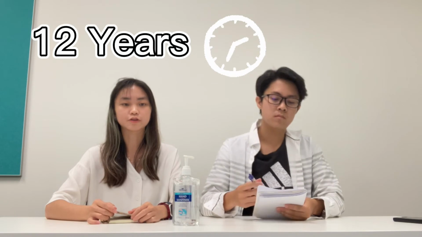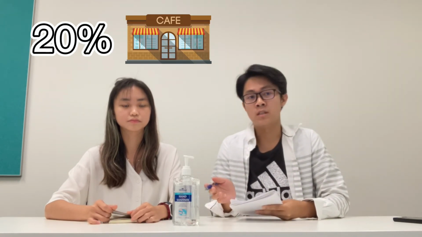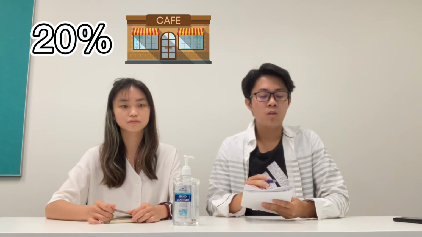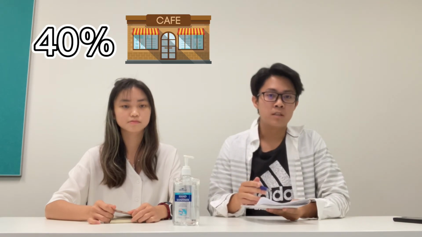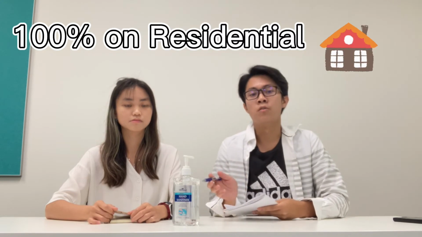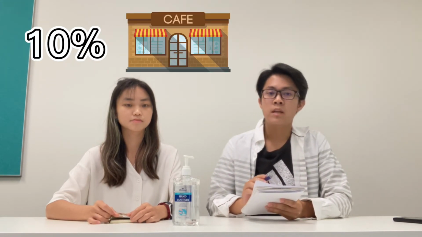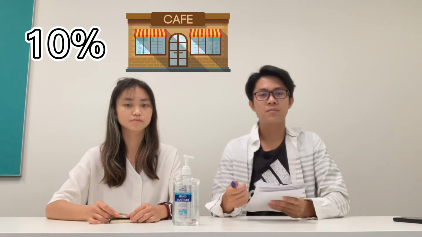So just to let you know that we have owned the house for 12 years. Yeah, for the first 3 years, 20% of our house is used for business purpose, and then for the following 2 years, only 40% was used. For another 2 years, it was used only for residence purpose. For the last 5 years, we use 10% for our business.